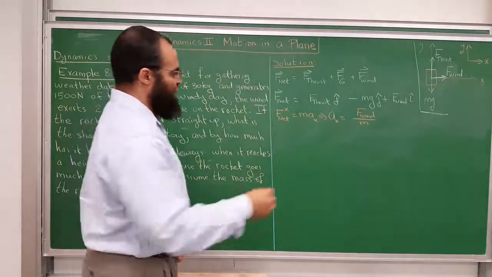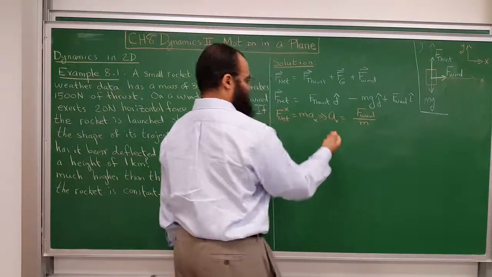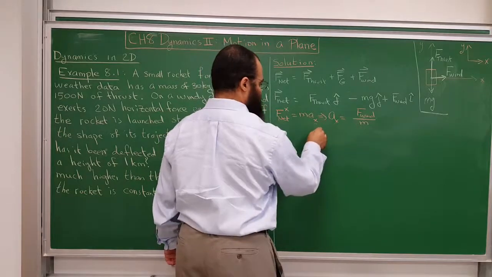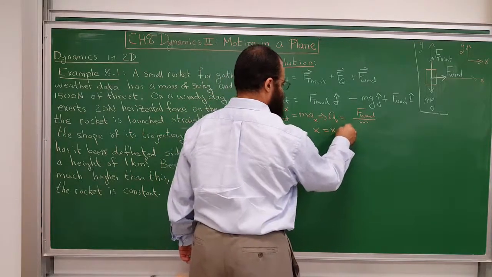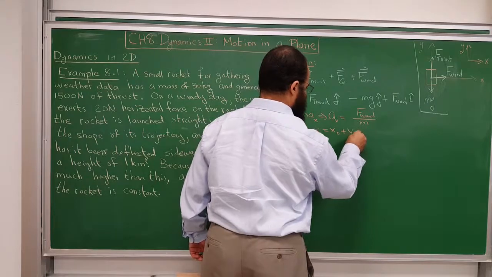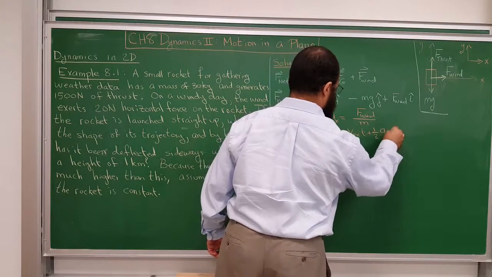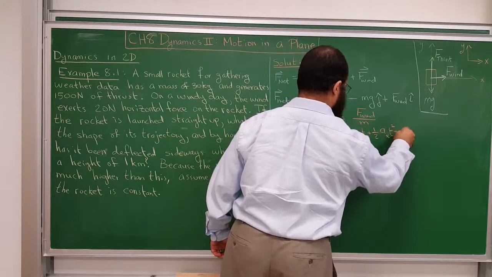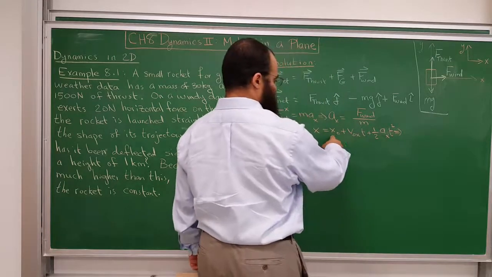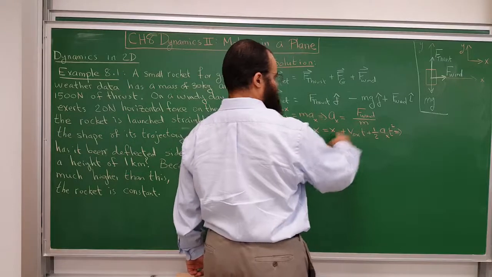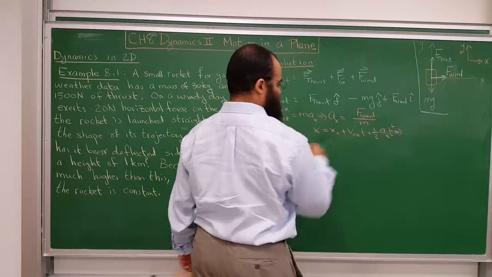So we have constant acceleration. We know that x final is equal to x initial plus v initial in the x direction times the time plus 1/2 of the acceleration in the x direction times the time squared. The initial position is 0 in the x direction, it starts at the origin. It starts from rest, so the initial velocity is 0.